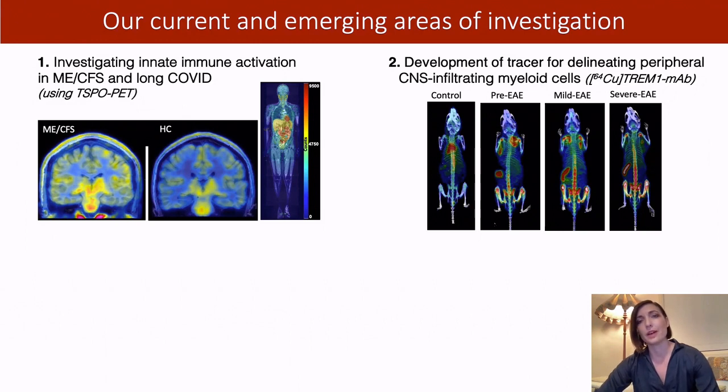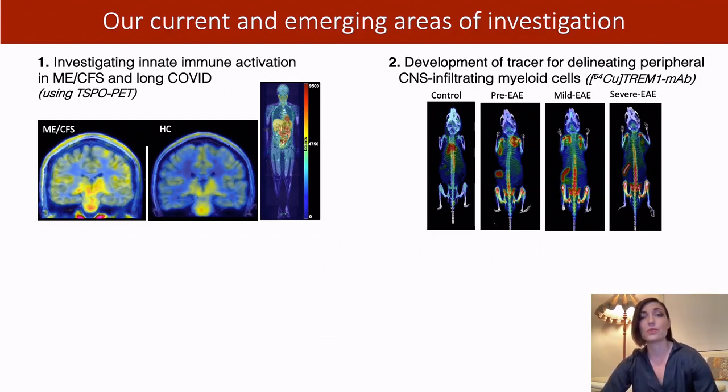Another thing that I'm really excited about in the lab is that we've developed this strategy for delineating peripheral infiltrating innate immune cells from those that are present normally in the brain. We can do this because we discovered a biomarker called TREM1 that is only on these cells.